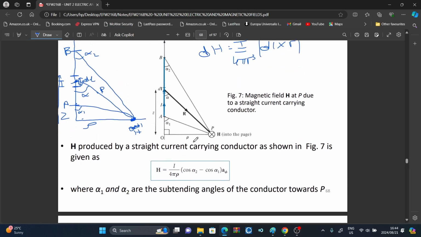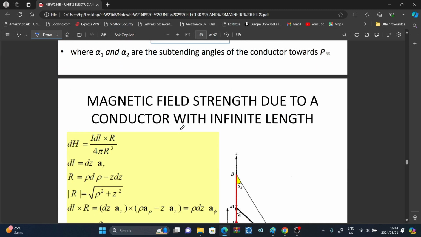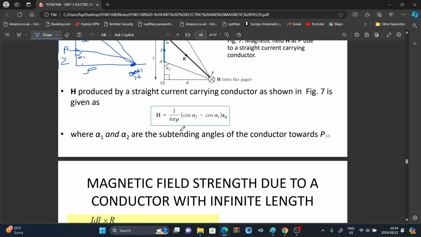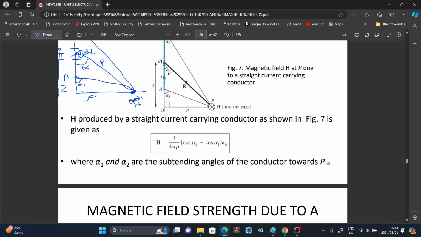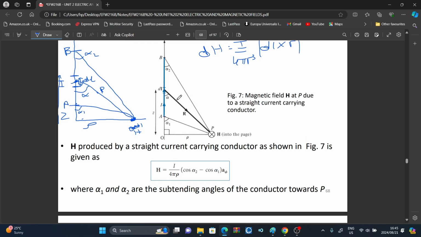Then the new value for dL or for R, it's going to be what? As you can see, if you use Pythagoras already, our R is going to be something like this.